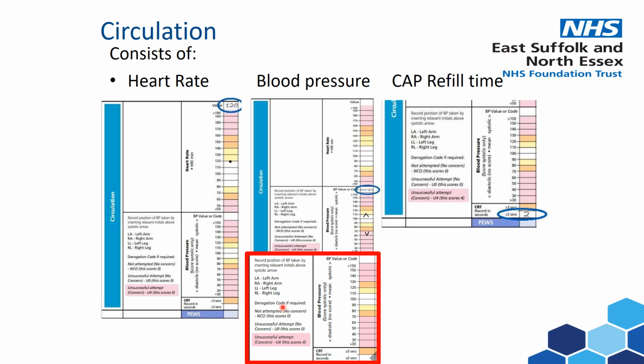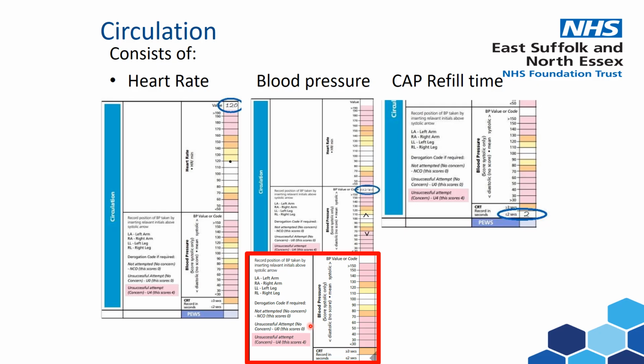Your second code is your unsuccessful attempt, no concern. So this one here, that's a U0. This might be used on triage. You've gone to try and take a blood pressure on the child, but actually the child is pushing you away, not letting you near them.